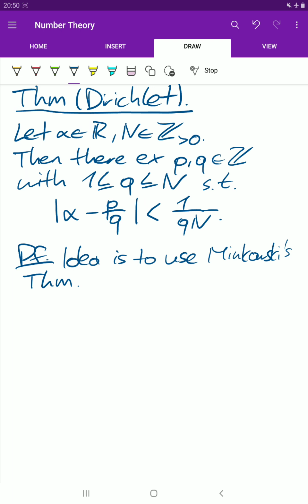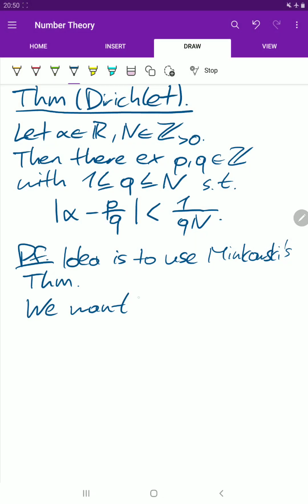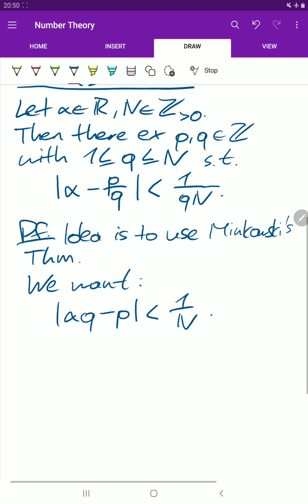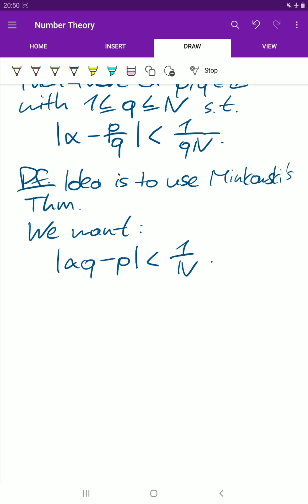So what we want is, let's rewrite it, let's multiply by q: |alpha q minus p| is less than 1 over n. And now let me be a little bit crude and not prove it completely, but just tell you how you can then really prove it.